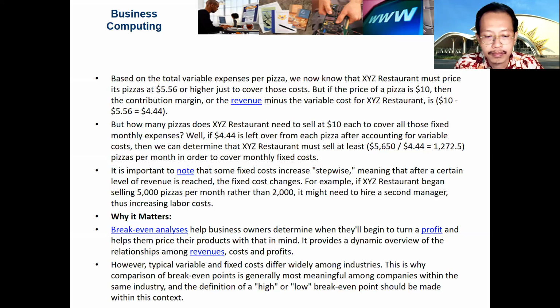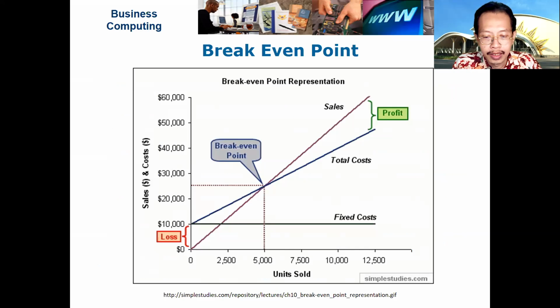Now, this is a graph of the break-even point analysis. So you can see here on the x-axis, it's units sold, how many units you're selling of that particular product. And going up, these are the revenues and the cost, the dollars or the rupiahs here.